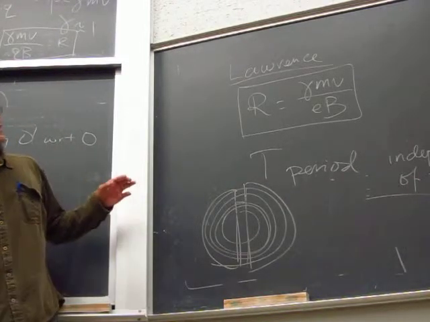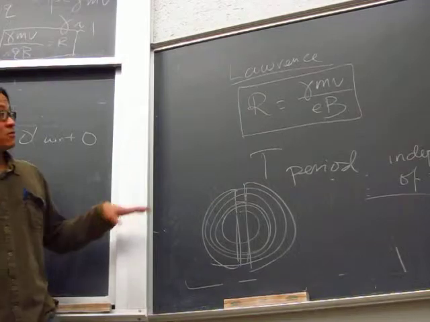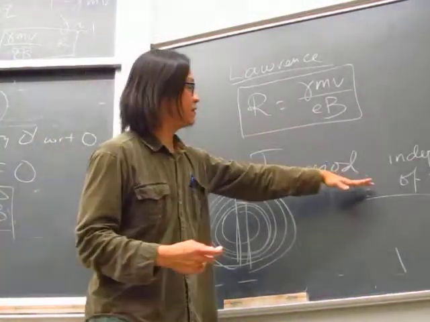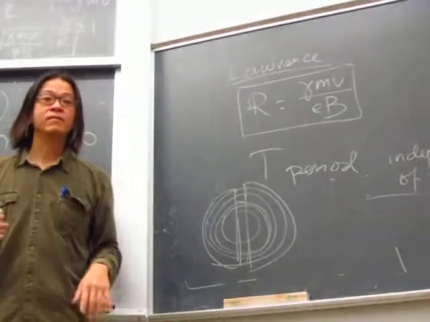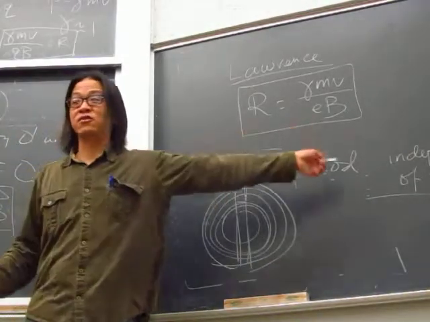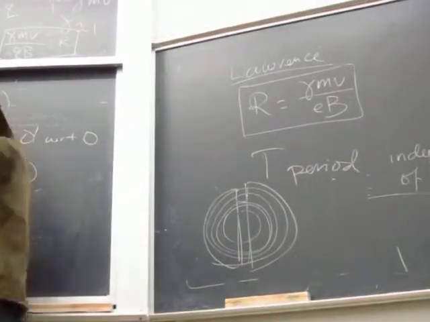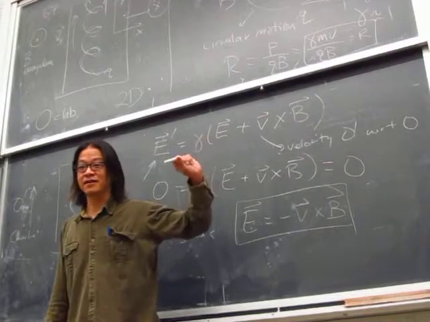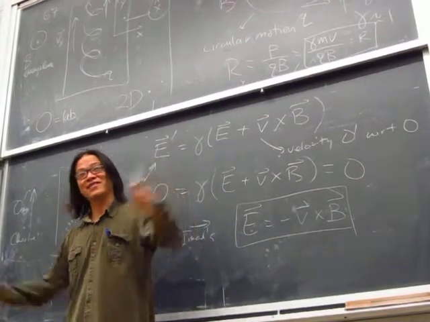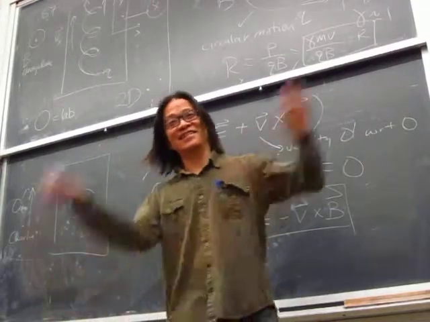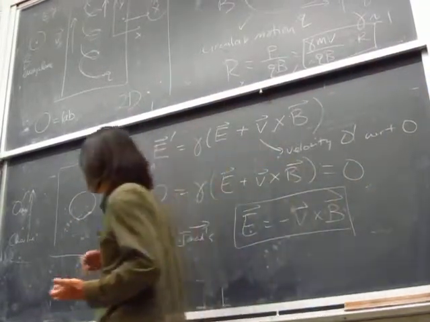I think the thing that made him happy was when he realized that the period is independent of the momentum, or the half period is independent of the momentum. It turns out he wasn't the only one. Leo Szilard also patented the idea earlier, except that he wasn't that good at executing it, so he only had the idea and didn't have the device.